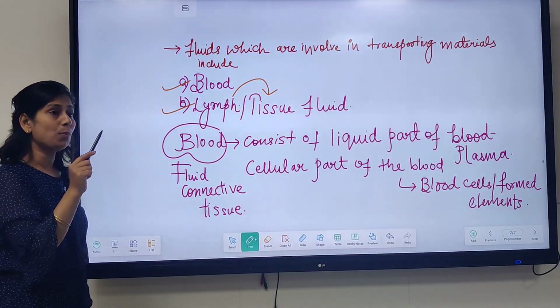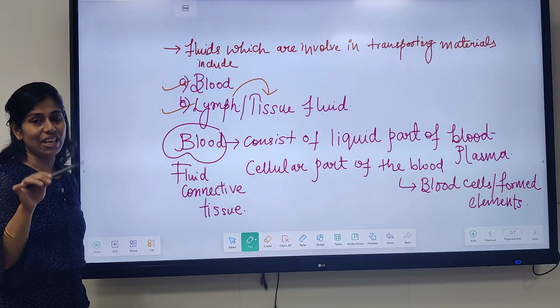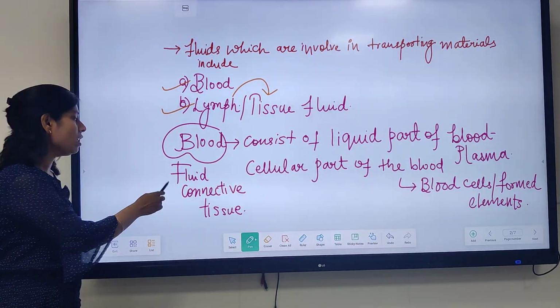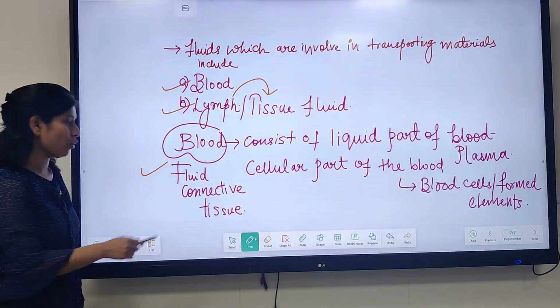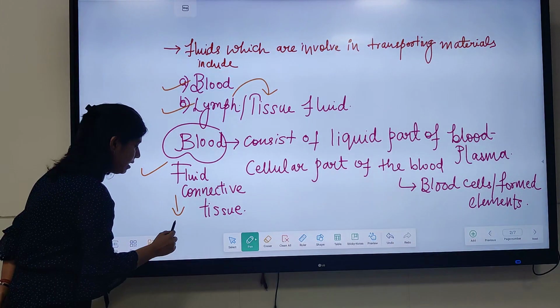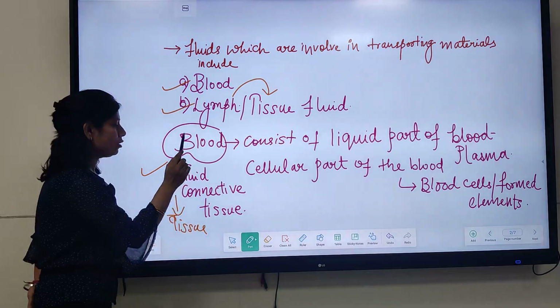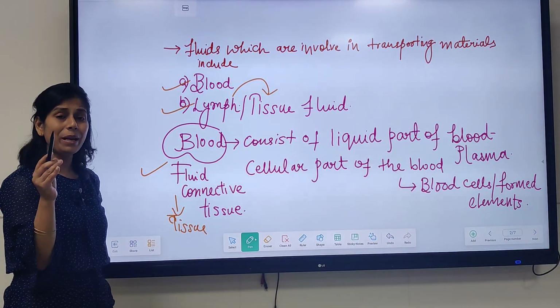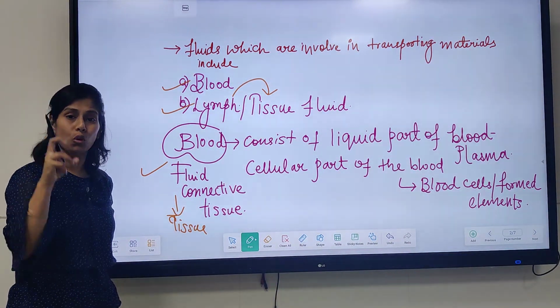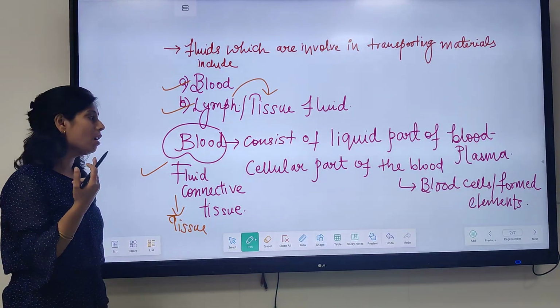Now when we talk about blood, this is the most essential part. It is a fluid connective tissue, which you have studied in the tissue chapter in grade 9. What do you mean by fluid connective tissue? Any kind of fluid which is connecting the entire body.